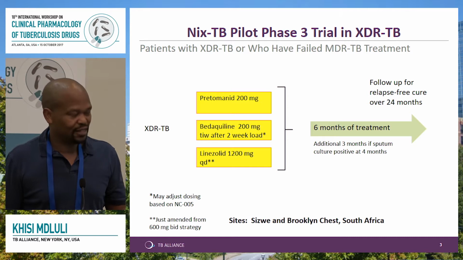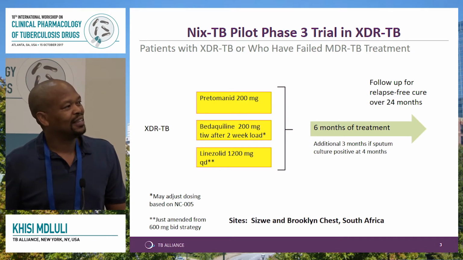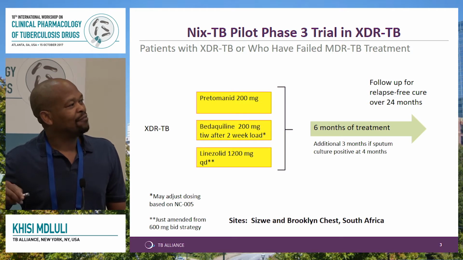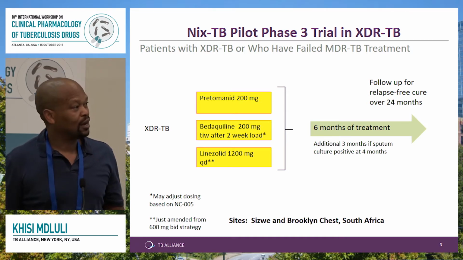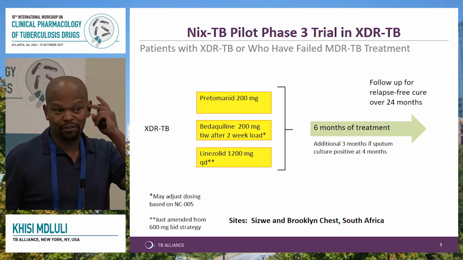This has been a very successful trial. It was based on the fact that the XDR patients had no options, and therefore we were allowed to use in those patients a non-approved drug, pretomanid, bedaquiline, which was only approved for MDR, and linezolid, which was already out there in the clinic but being used without any approval for TB.